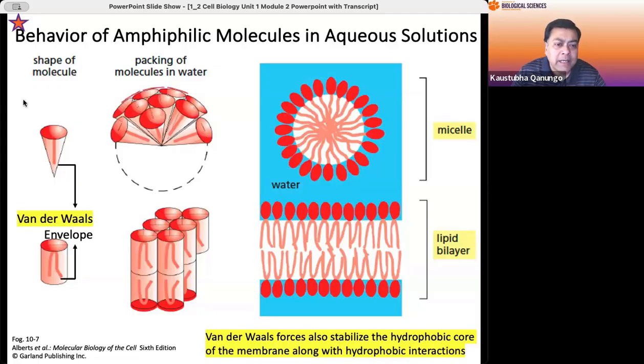So think about when you take a beaker and you just put water in there. And now you put a drop of oil, and these oils are the same fats. So how will the oils or the fats line up? They will all line up with their tails towards the top right here. So they will not be forming the micelle yet.